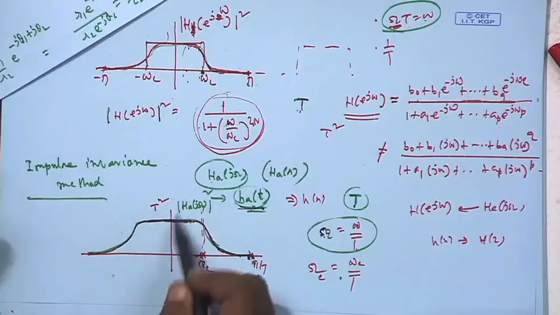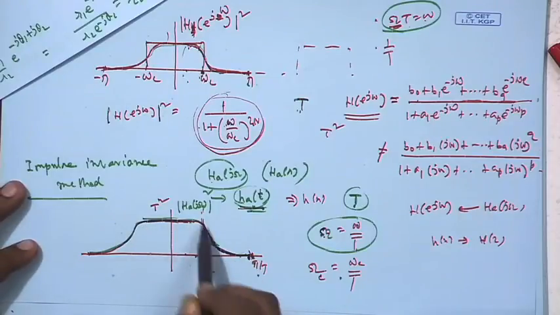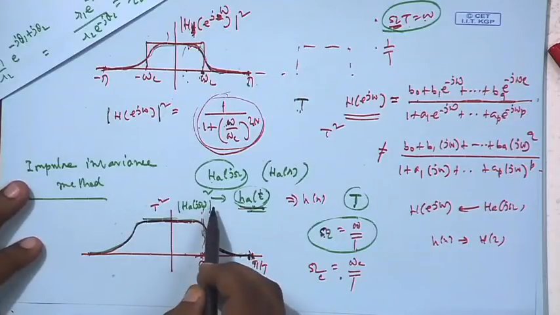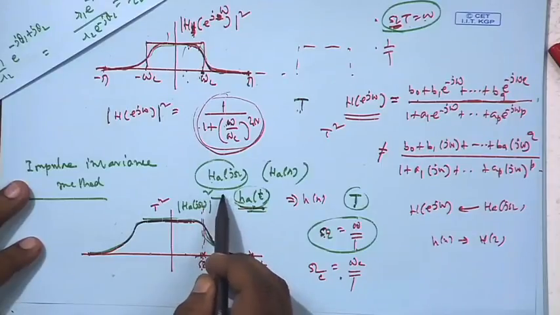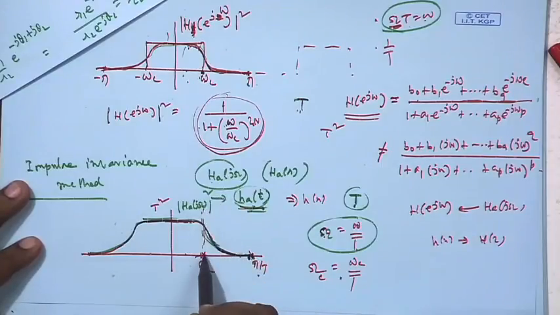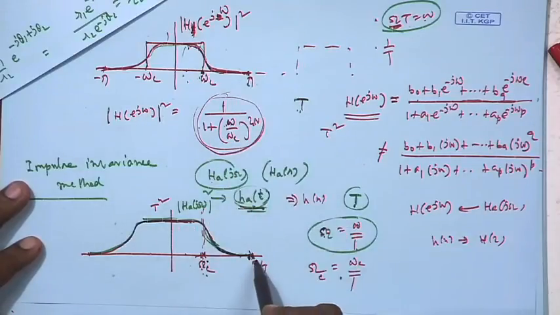If t is 1, this t square is 1. So, this function will be a prototype magnitude response of an analog low pass filter with cutoff frequency capital omega c. But here this is pi, this is pi by t, this is small omega c, capital omega c.